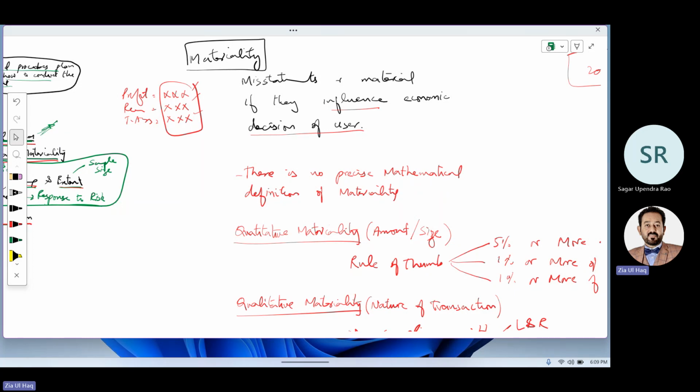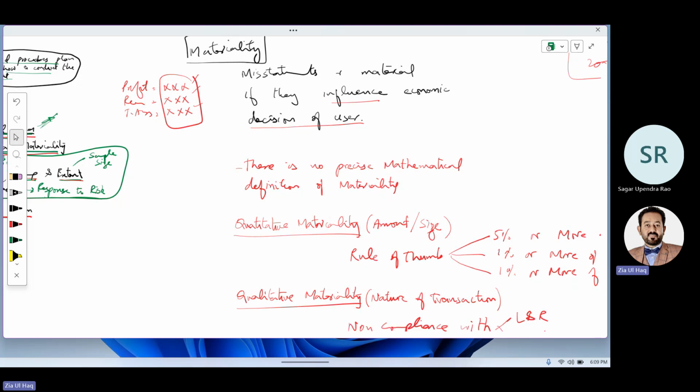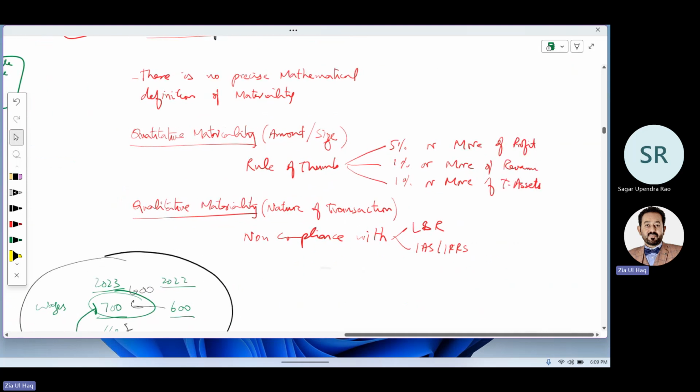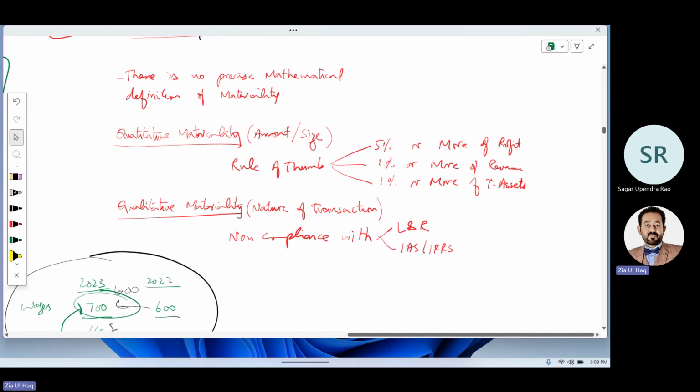So we will say the financial statements give a true and fair view. Materiality varies from user to user and from company to company. But if during the audit we find any misstatement, how can we judge whether it is material or immaterial? We can see misstatements either through quantitative materiality or qualitative materiality.